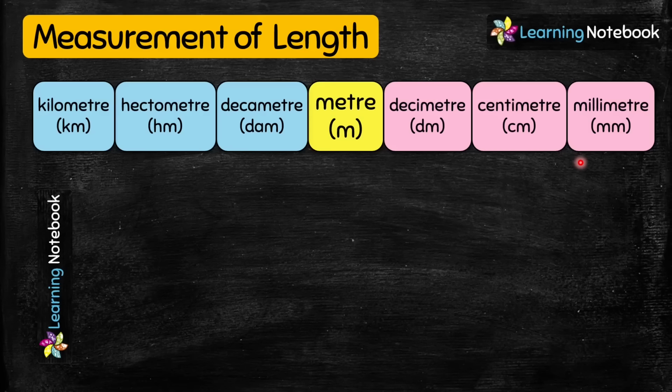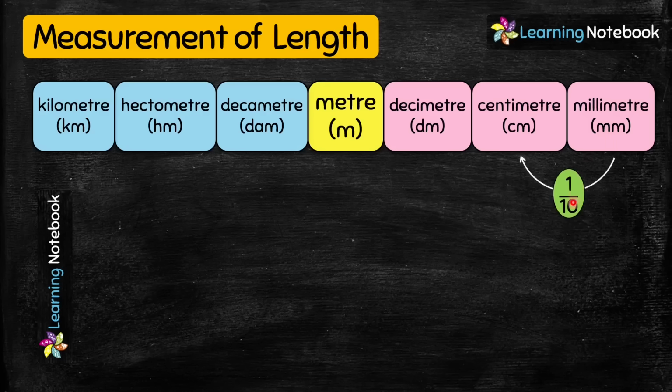Now let's see conversion of lower units into higher units. Suppose we have to convert millimeter into centimeter. So this time we will multiply by 1 by 10.